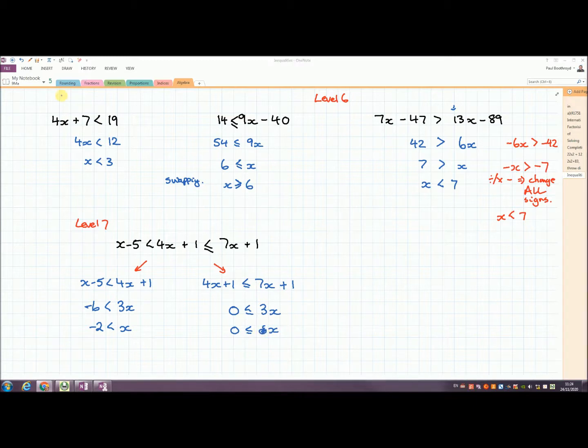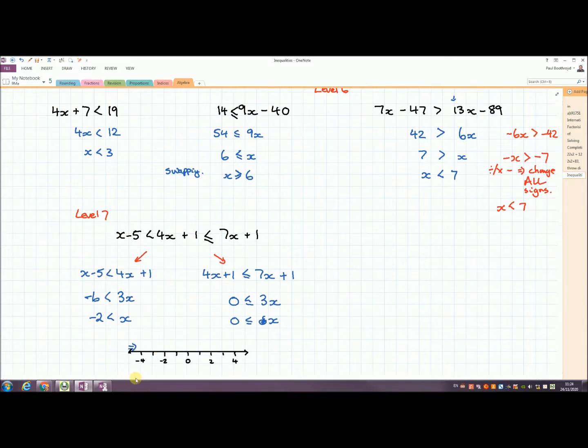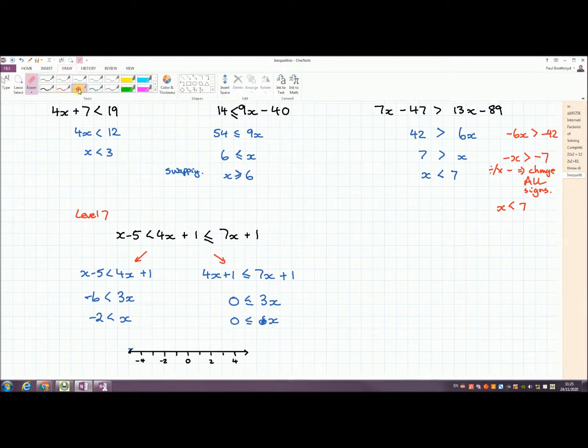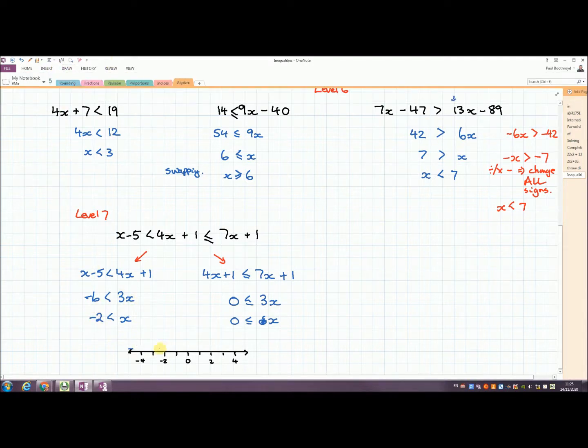So we've actually got two statements here, and this one resolves down to, if we actually think about our number line, just to loop that bit. So if we think about the number line again, draw our values on, we've got x is greater than minus 2, and both these statements must be true, so we'll just use dotted lines for a minute.